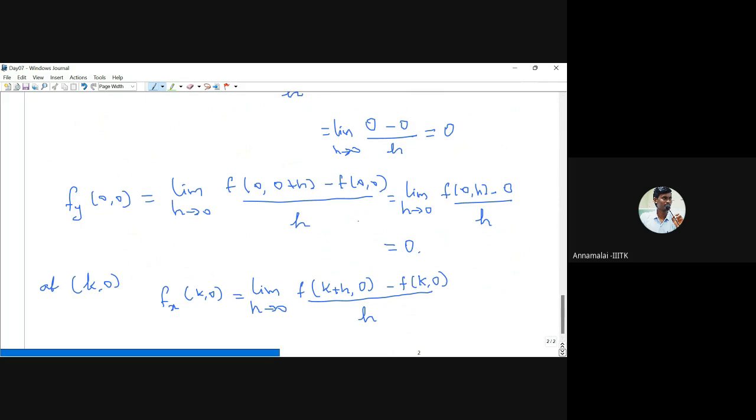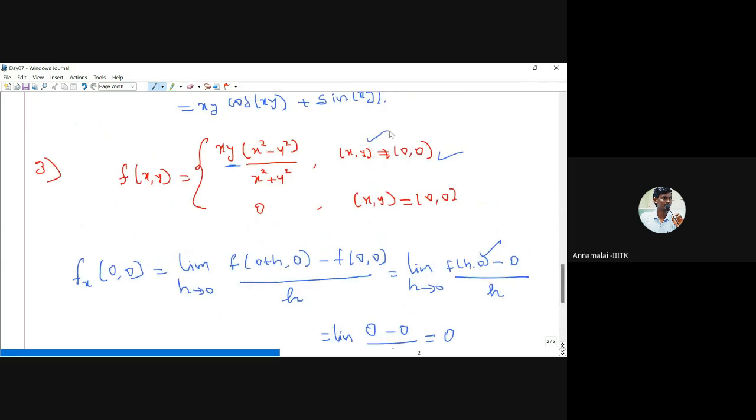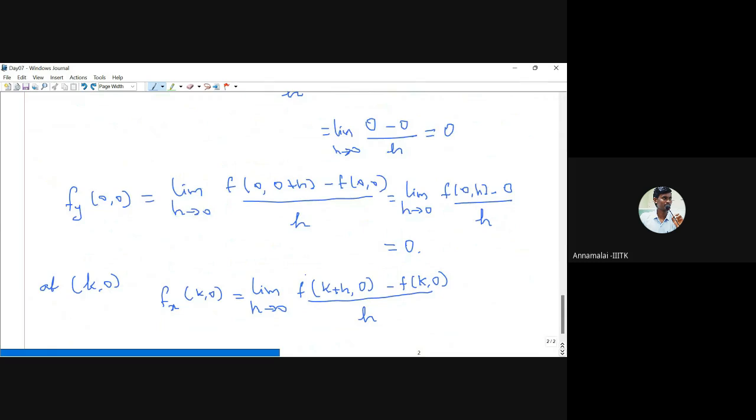Since if at least one coordinate is 0, the product is always 0, the function is always 0. Because in the function, the numerator is xy into (x squared minus y squared) by (x squared plus y squared), so the product is xy. Even if one of the coordinates is 0, then automatically the function is 0. Therefore the first term is 0, this is 0, and this is also 0. So total is 0. Therefore, at the point (k, 0), the first derivative is 0.